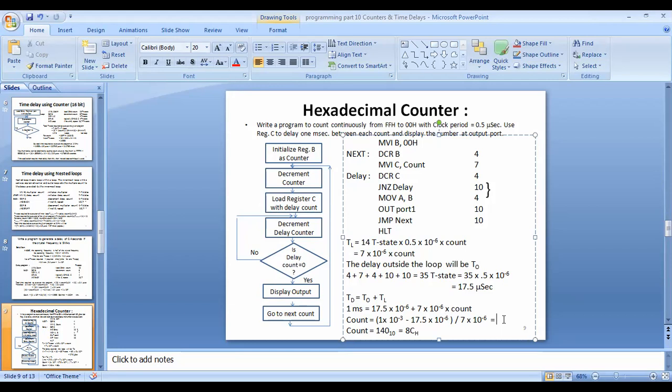And that count value is roughly coming to 140, and that is approximate, because it will come as a decimal number.